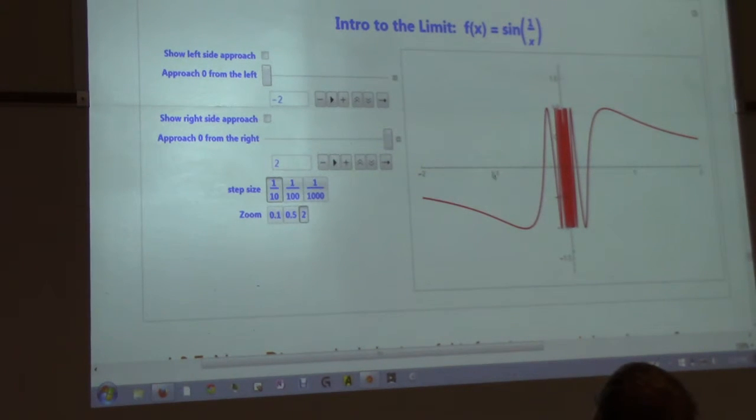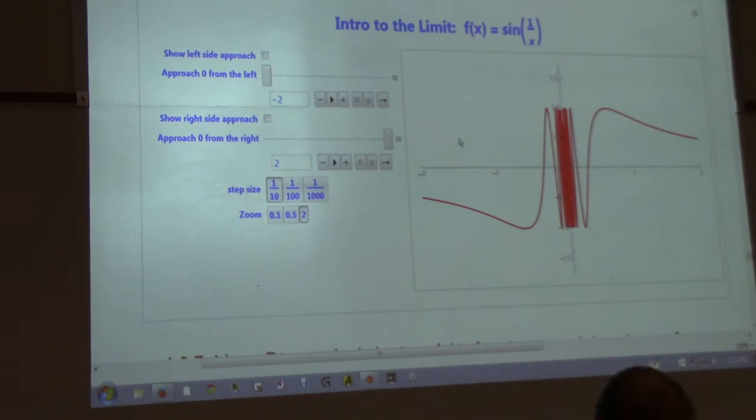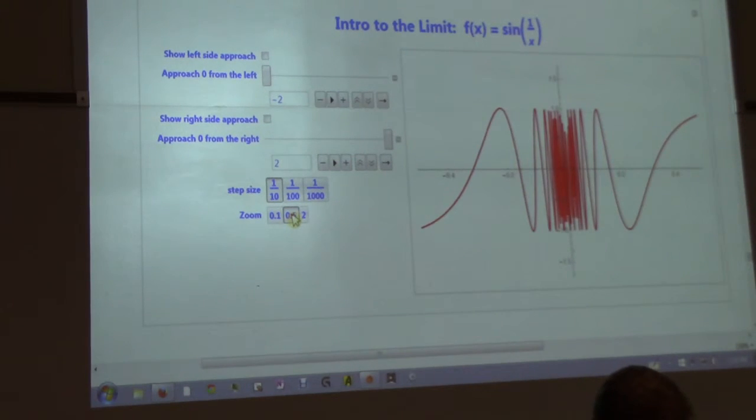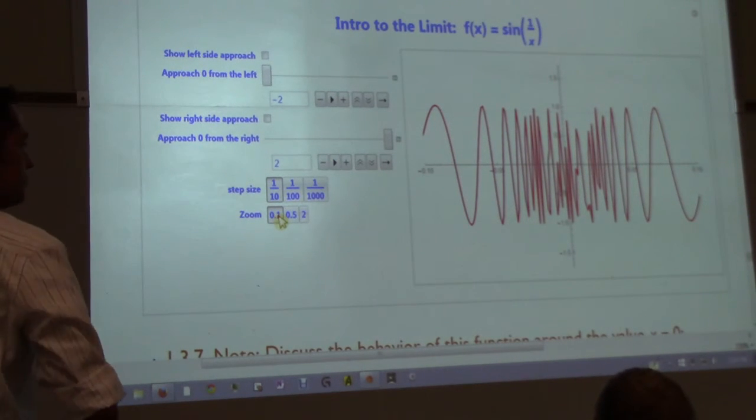I can zoom in. We're looking right now between -2 and 2. And I want to know what's happening near 0, okay? Let me zoom in. Okay, so I zoomed in. So all that squiggly stuff that you saw is actually more squiggly. And if I zoom in even more, all of those squigglies have even more squigglies inside there.